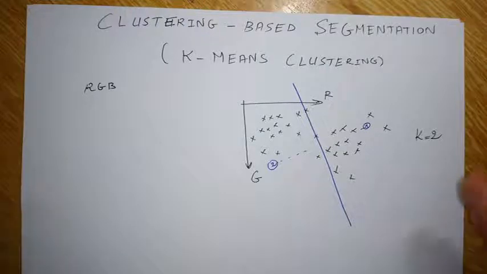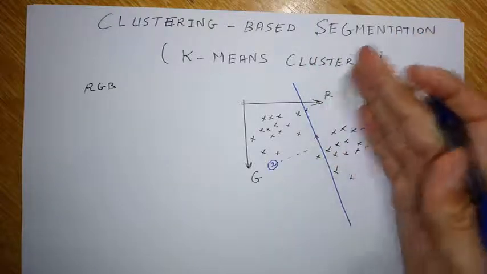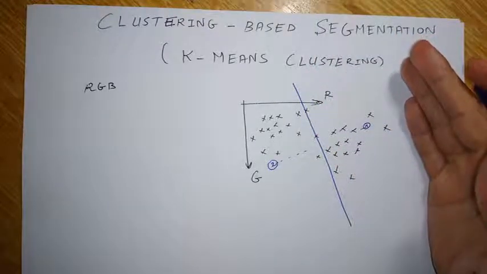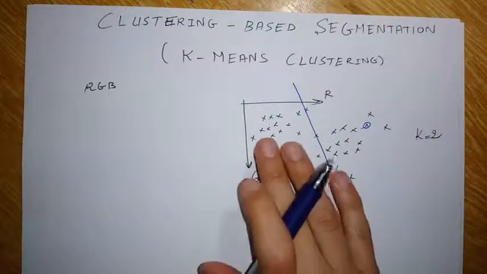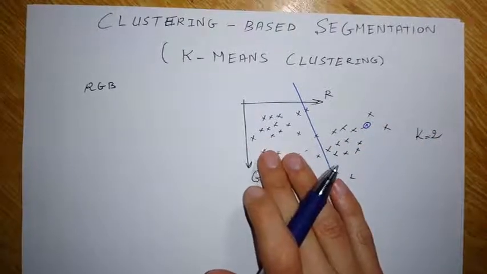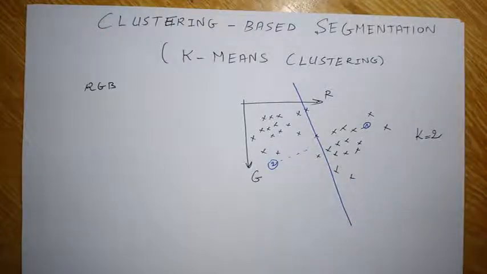In the next iteration, I take all the data points in this region and calculate their means, and again do the same thing here, take all the data points here and calculate their means. The reason why this is useful is because the mean tends to go to the center of the clusters, the center where we have a higher density of data points.